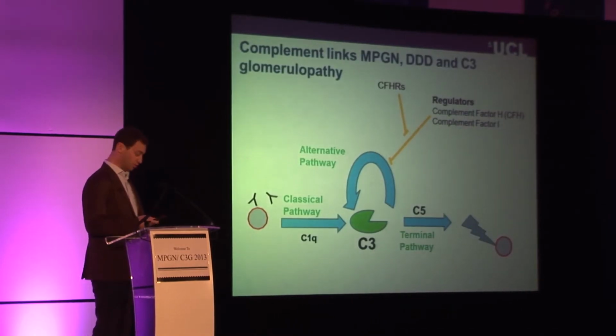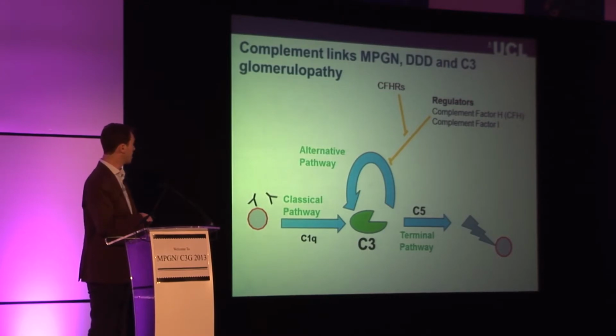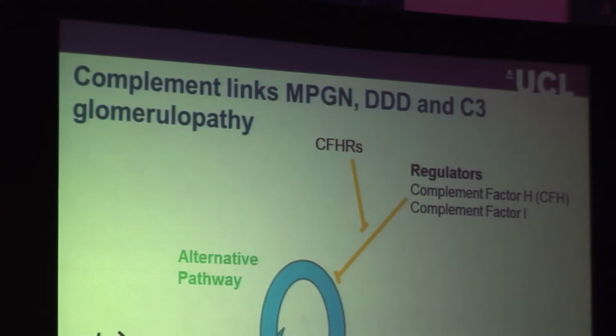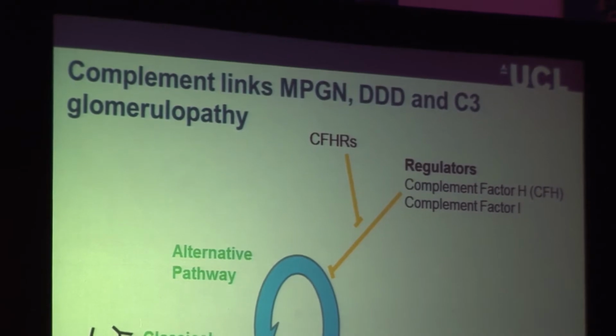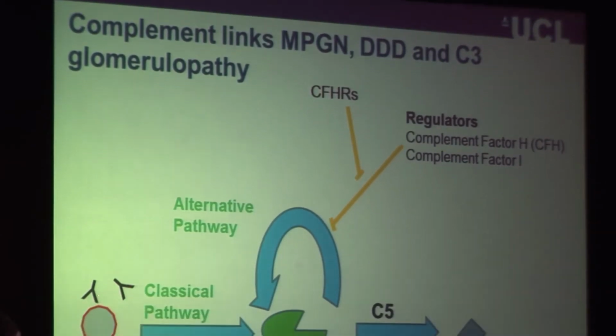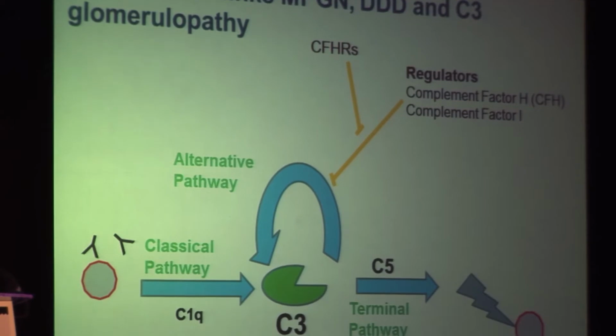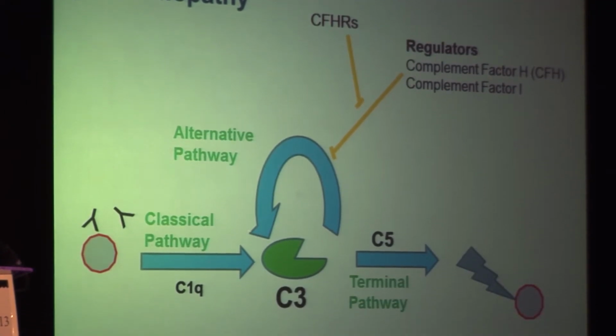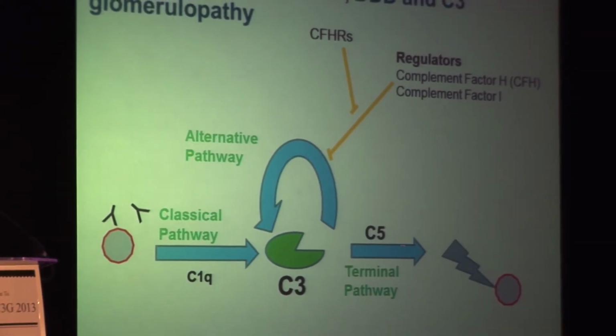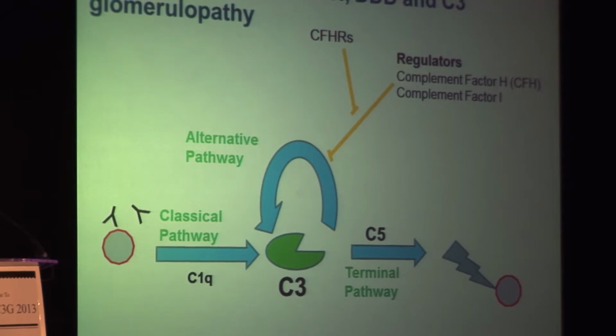So Matthew's talked about complement, and I'm just going to put this in some sort of context with a kidney biopsy. What you can have is antibodies, the missiles produced against an infection or produced against the self if there's an autoimmune disease. And this activates the classical pathway, which Matthew mentioned, which switches on C3, leading to activation of C5 and attack.